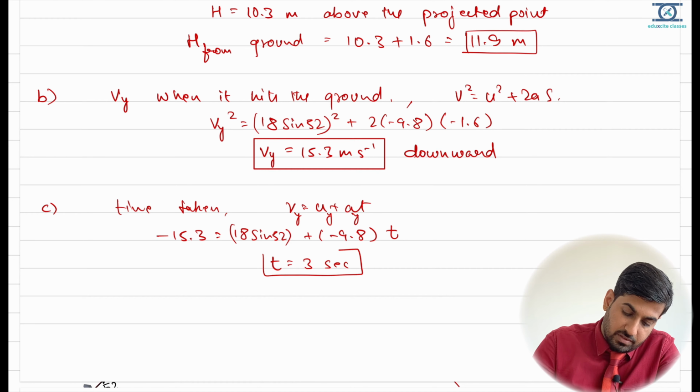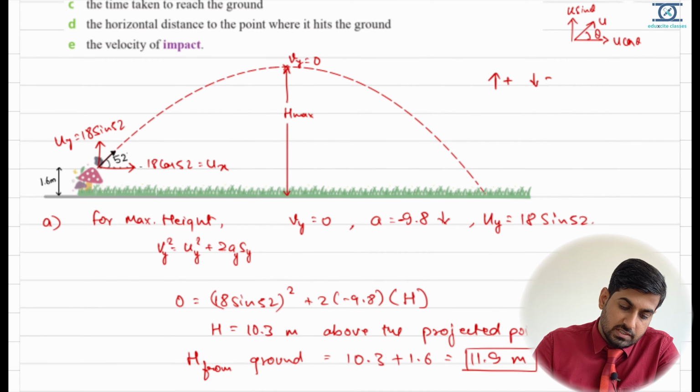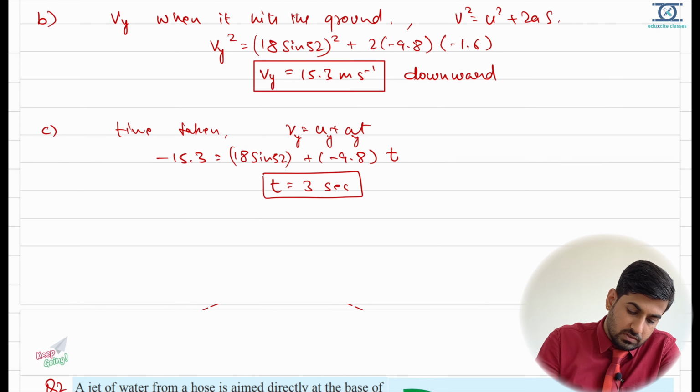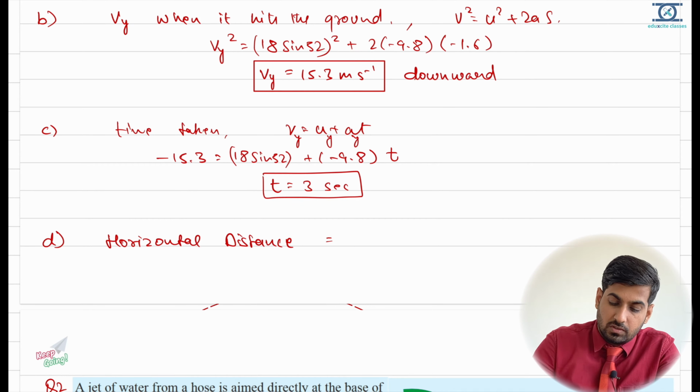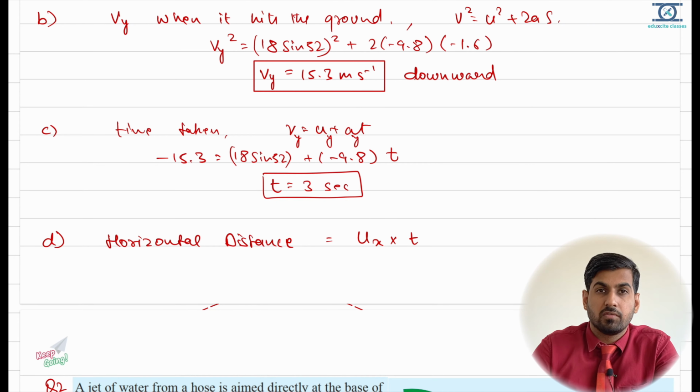So time will be 3 seconds. Now the horizontal distance to the point where it hits the ground. Always remember, for the horizontal distance we can use the range formula: we always use the horizontal component ux times the total time taken for the flight.